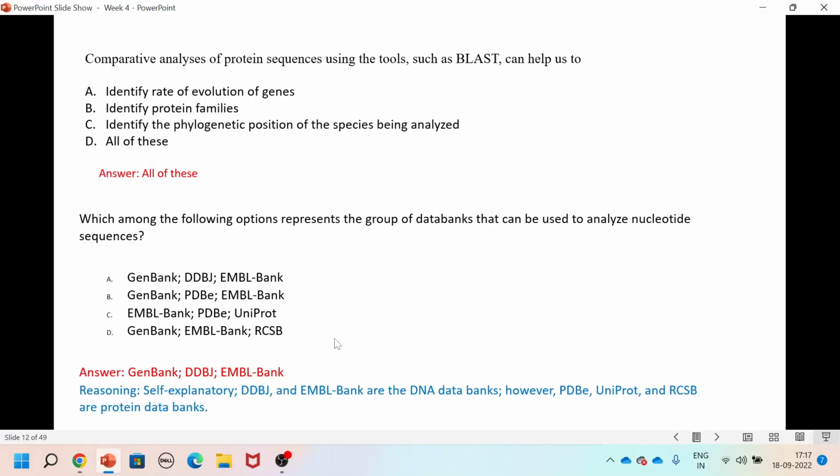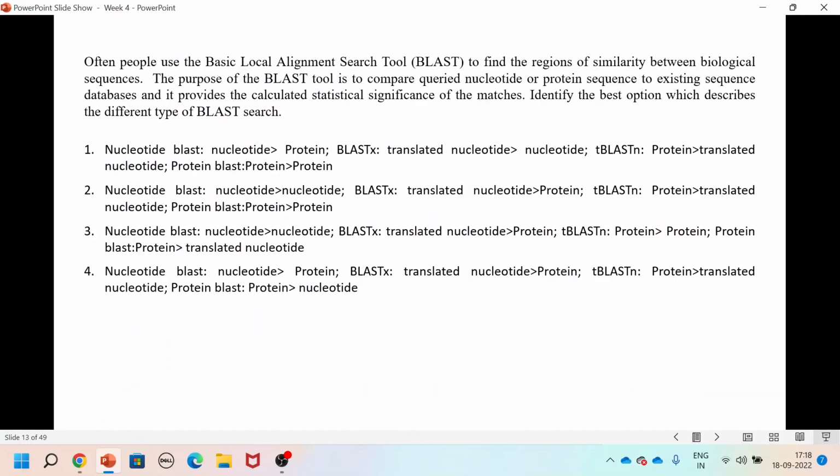So the correct answer is option A, that is GenBank, DDBJ, and the European Molecular Biology Laboratory. So these are the American, Japanese and European banks for analyzing the nucleotide sequences. And UniProt or PDB, that is the Protein Data Bank, are the databases which consist of the information about the structures of the proteins and other related functional information about the proteins.